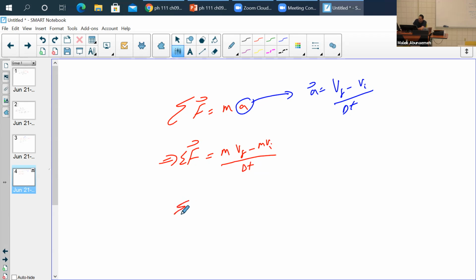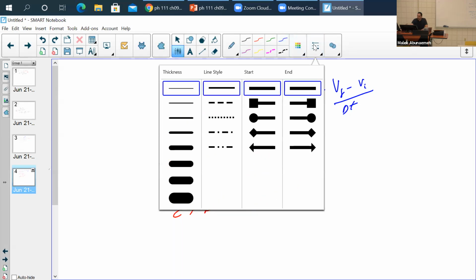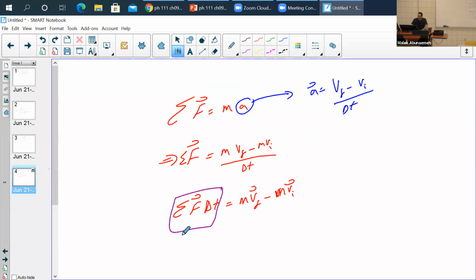That means your force multiplied by delta t is going to equal your mass multiplied by the final velocity minus your mass multiplied by the initial velocity, which again we defined from the beginning as the impulse.